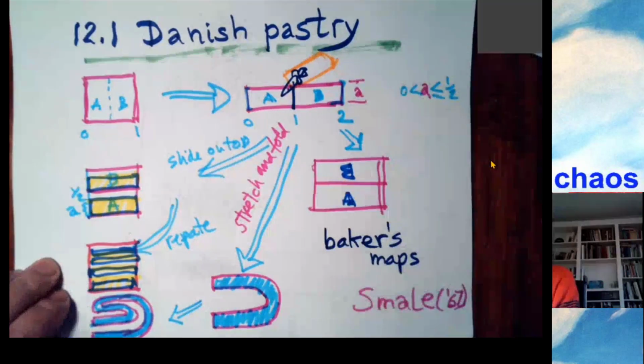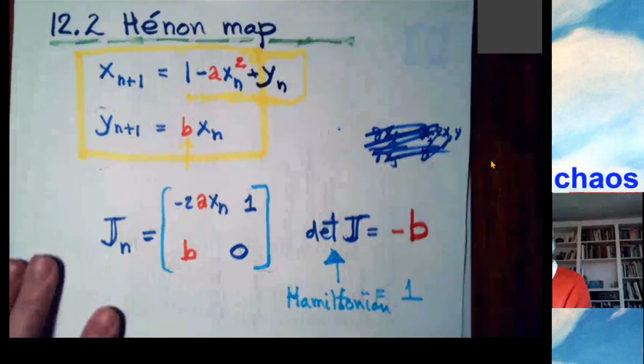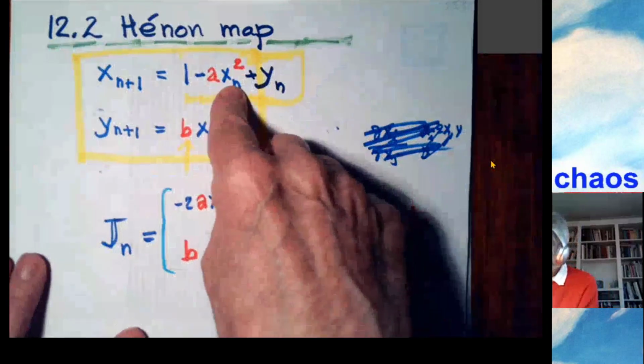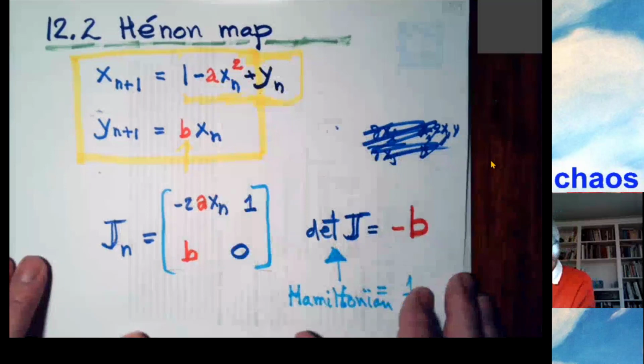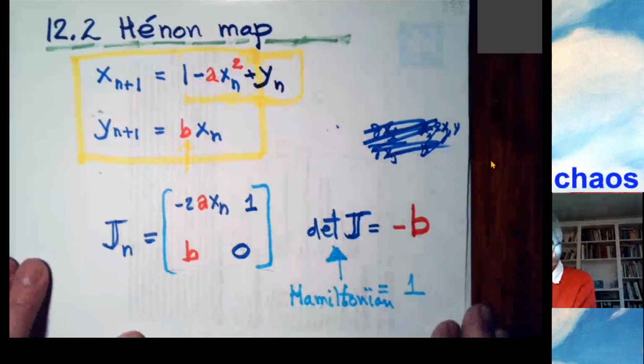Now, if this is too much hand waving, you can just write a two-dimensional map of a plane to itself, which is nonlinear because it depends on at least one variable being quadratic and not linear.